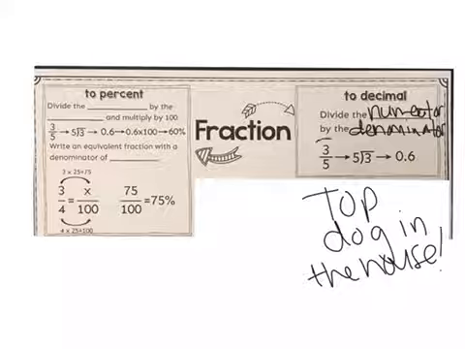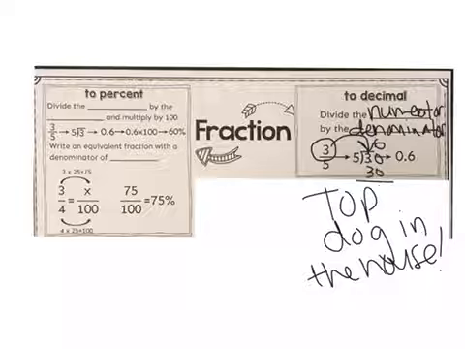So see how the 3 here is inside the house. Every fraction, the top member goes inside the house when you're dividing. Then all you gotta do is add your decimal point and a 0, and how many times does 5 go into 30? 6 times. Bring your decimal up, and you get 6/10.